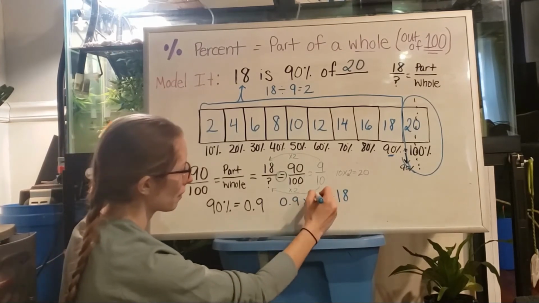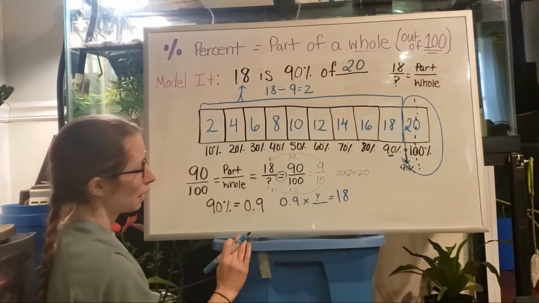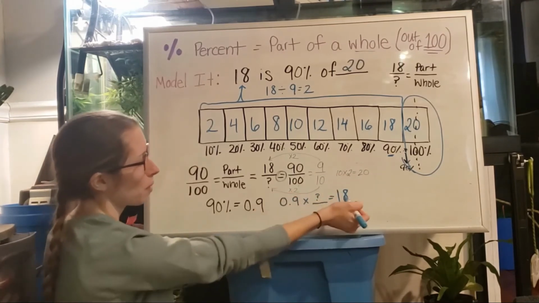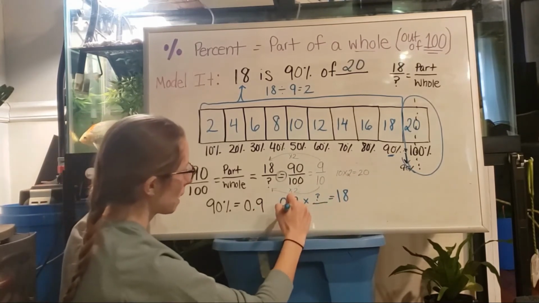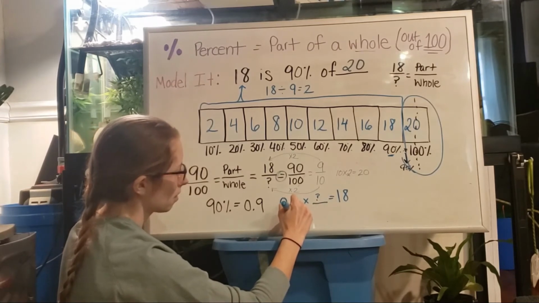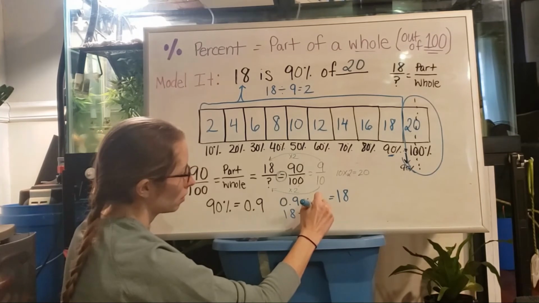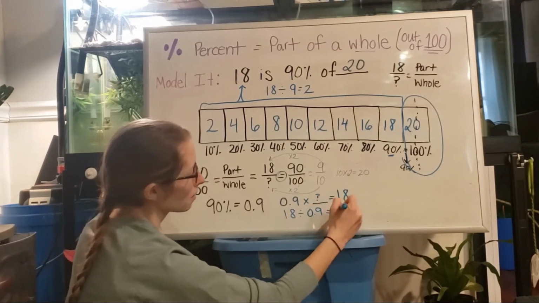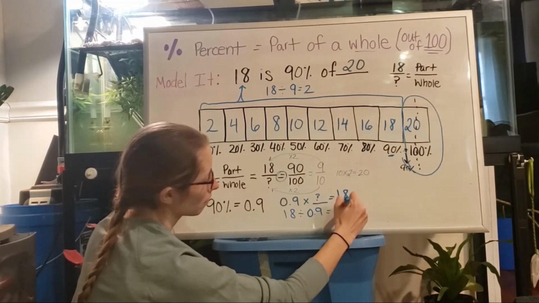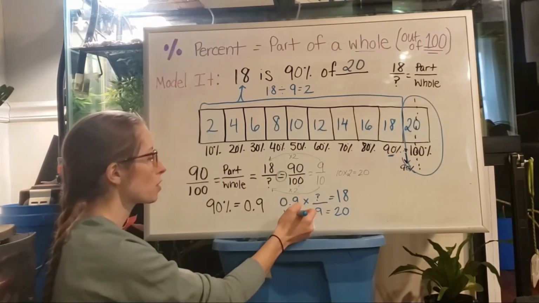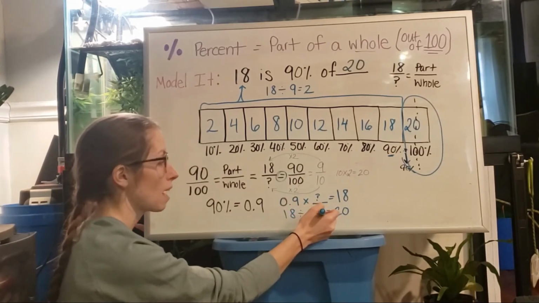So in order to figure out this number here, I know that the opposite of multiplication is division. If I want to work backwards, then I can take my 18 and divide that by our decimal. And my answer will end up being 20. Now there's 2 ways that you could solve this 18 divided by 0.9.